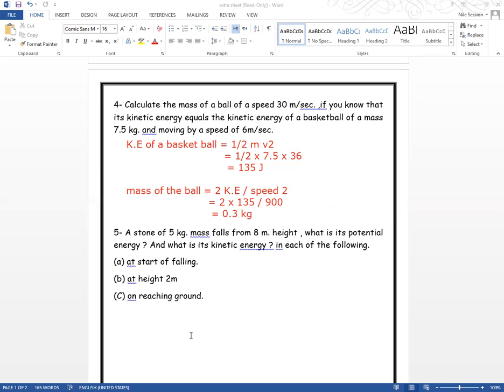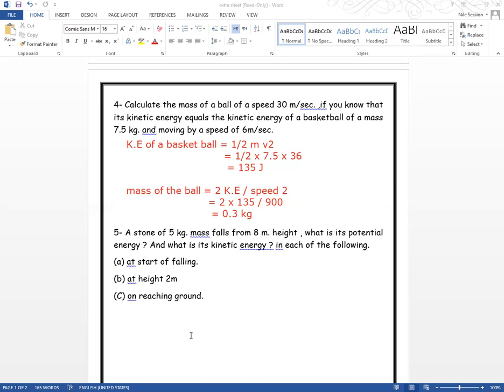Number B, at height 2 meters, and number C, on reaching the ground. So we are given the mass and the height, and consider that the gravity acceleration equals 10 meters per second square.